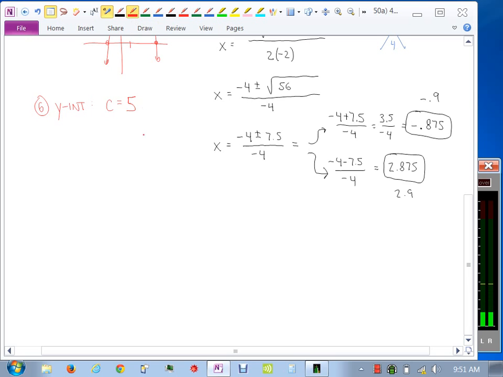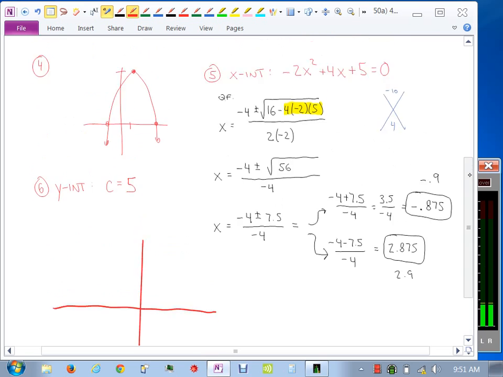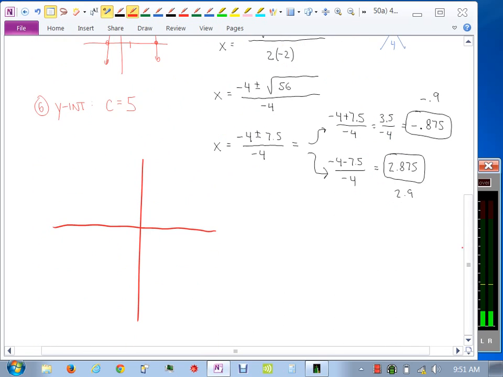So I'm going to try and fit it all on this page here for us. My vertex was 1, 7. So I go to the right 1, and I go up 7: 1, 2, 3, 4, 5, 6, 7. I'm going to put my vertex there. I have an x-intercept of about 2.9.